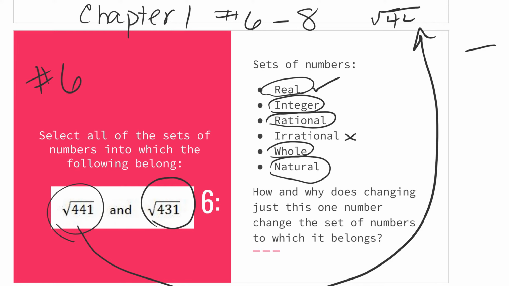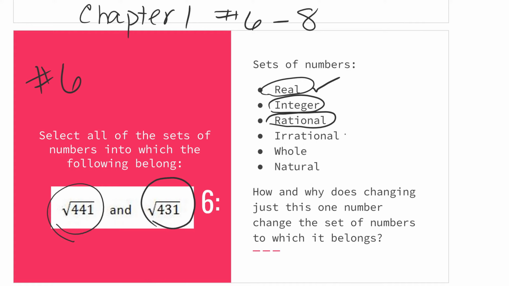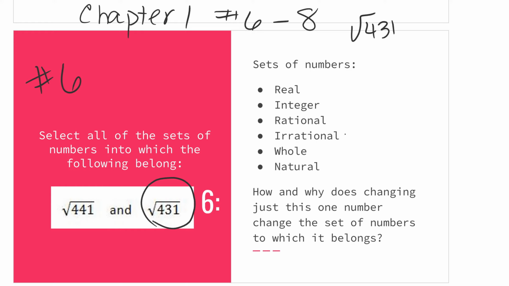Okay, so I'm going to erase all this. Now I'm going to look at the square root of 431. That number is not a perfect square, so that means it is not rational. This number is irrational.